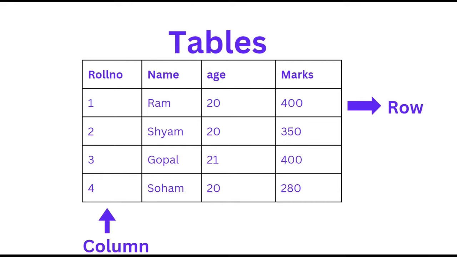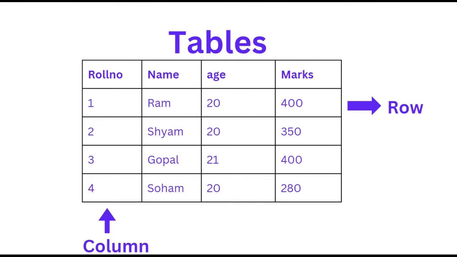And when we talk about a particular student, suppose I am going to talk about roll number 1. So roll number 1 is the student whose name is Ram and his age is 20 and marks are 400. So this 1, Ram, 20 and 400 in the form of a table comes to be known as a row.